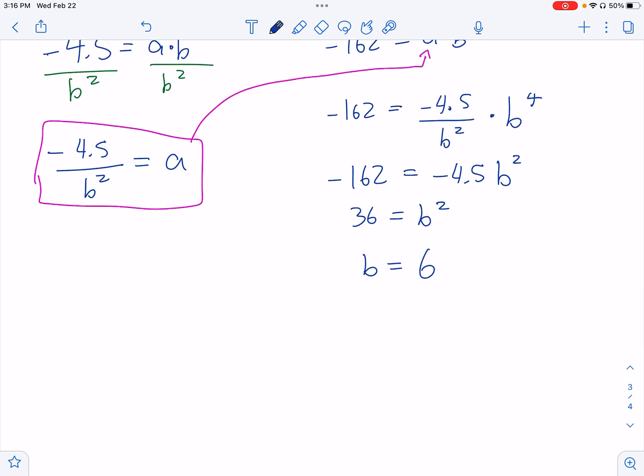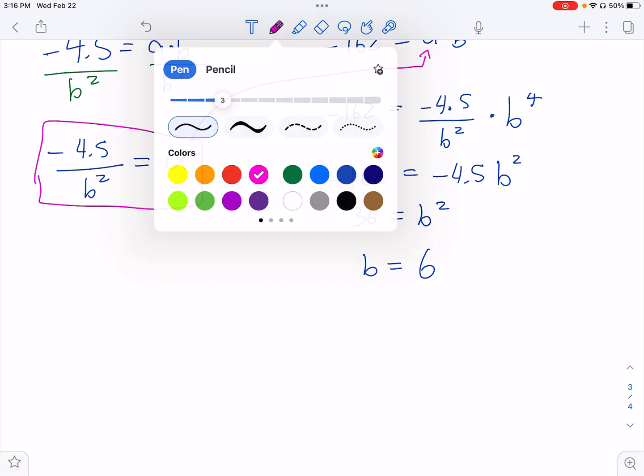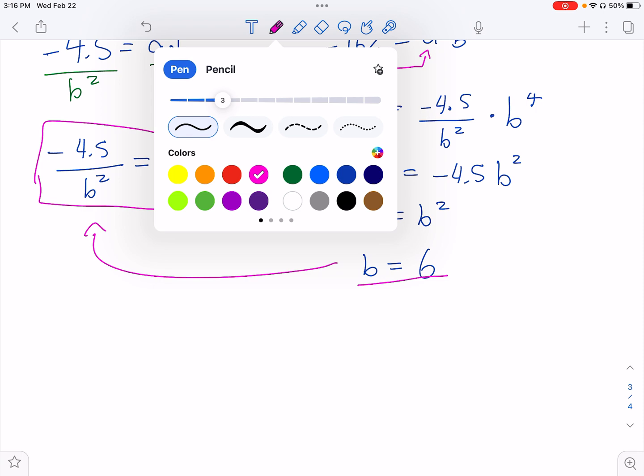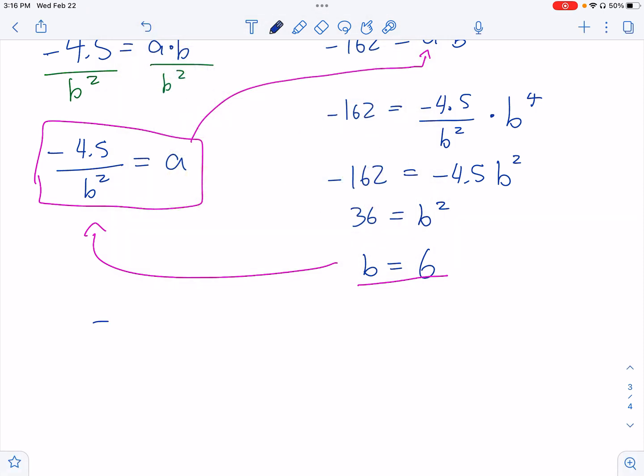And then I just, same thing I did on the last one, I can plug in here and find what a is. So negative 4.5 divided by 6 squared equals a.